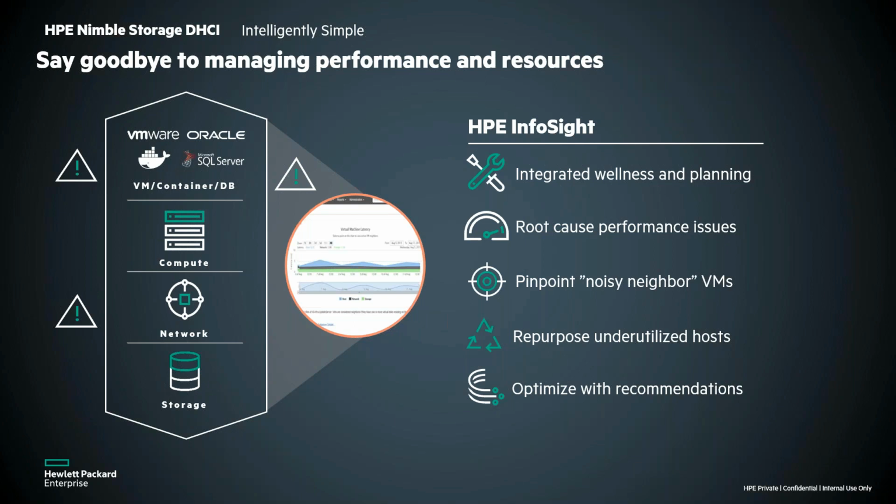We can identify those noisy neighbors or disruptive VMs, whose resources have been intended for other VMs. We can gain visibility into host CPU and memory metrics, where we can check for memory leaks. Then we can gain visibility into those VMs that are inactive, and repurpose and reclaim those underutilized hosts. I'm going to show you more of that when I go into the demonstration shortly.